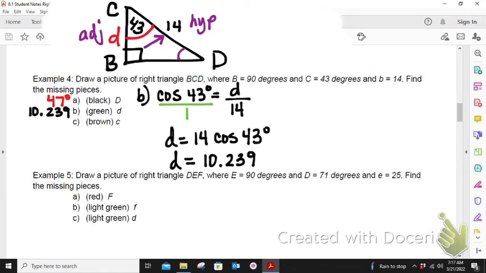All right, see if you can find c by yourself. So now I need to find c, which is at the bottom. So you're using these two sides. So figure out what trig ratio and go ahead and find little c.